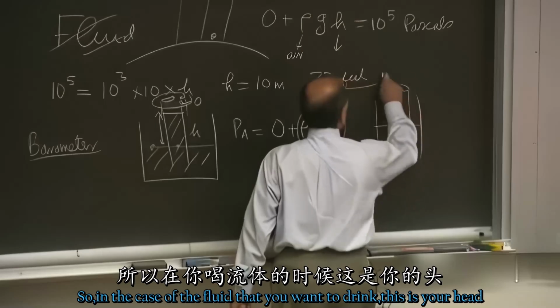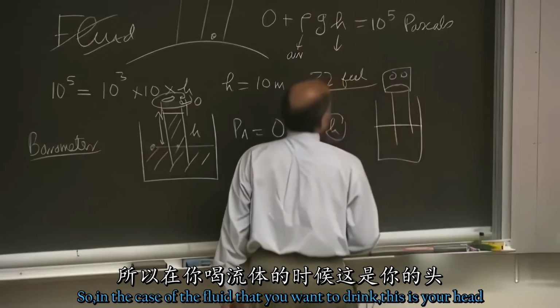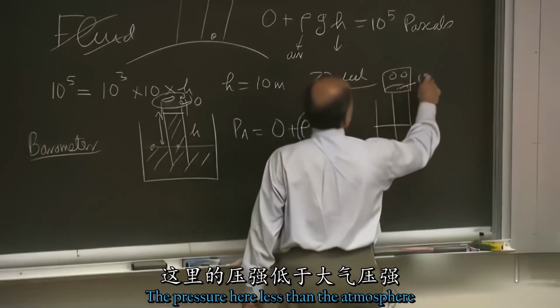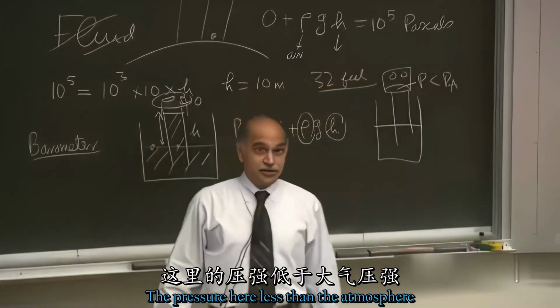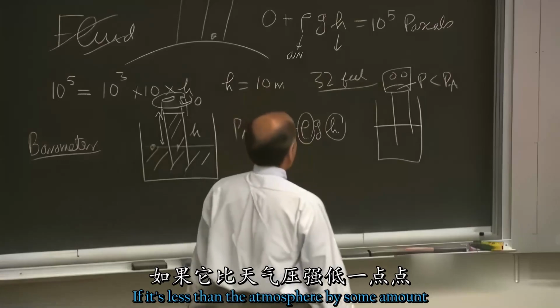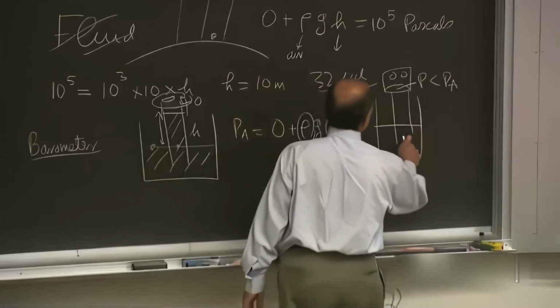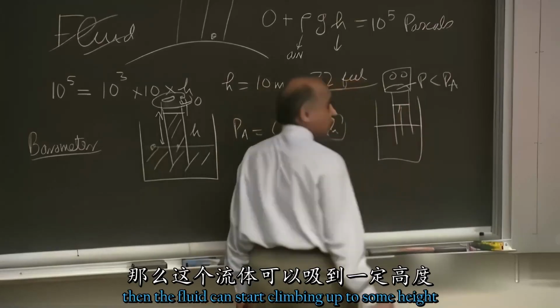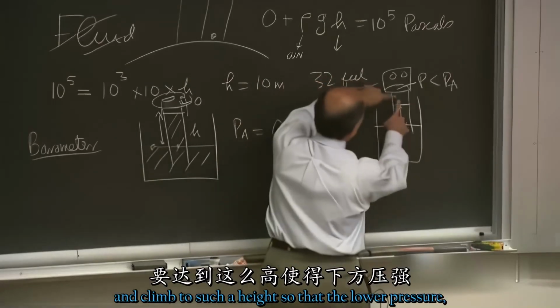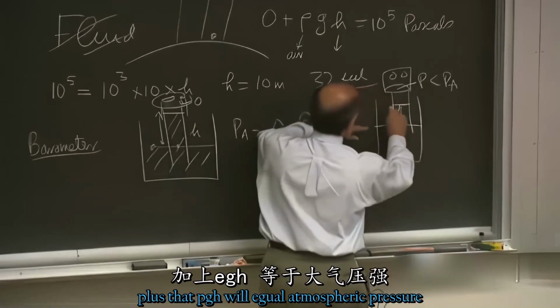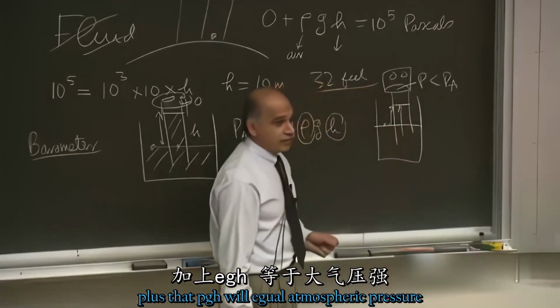this is your head. The pressure here is less than the atmosphere. If it's less than the atmosphere by some amount, then the fluid can start climbing up to some height. It'll climb to such a height that the lower pressure plus that rho gh will equal atmospheric pressure.